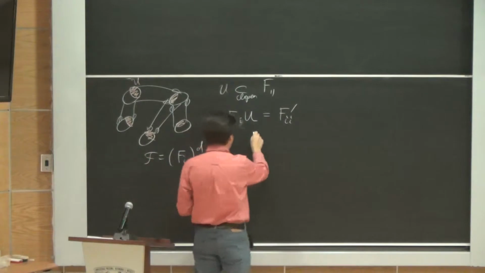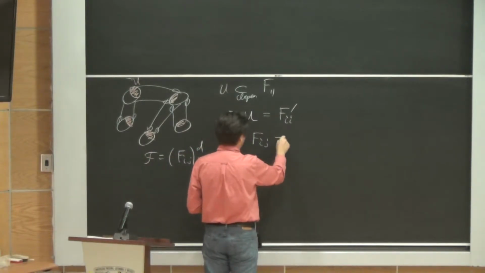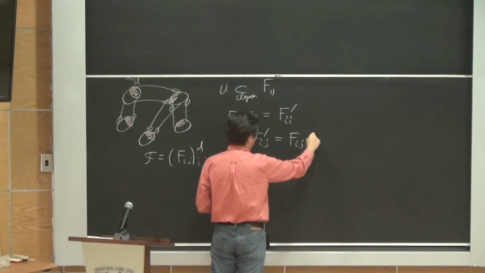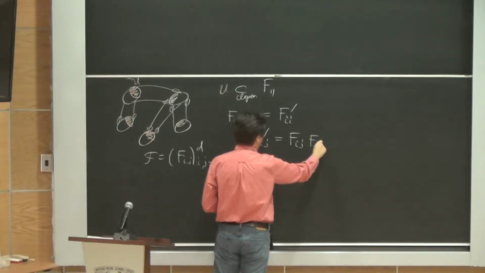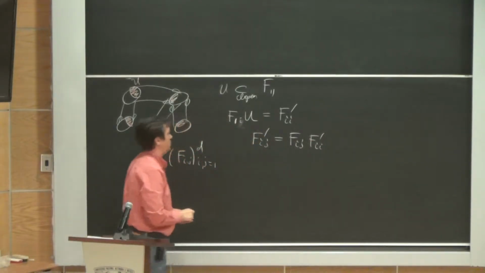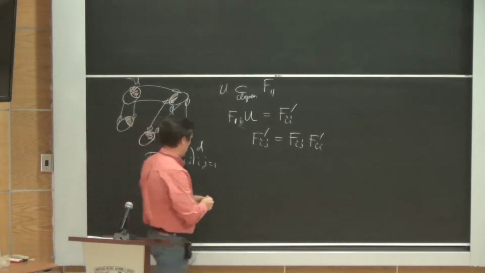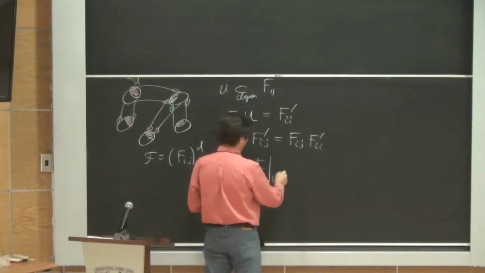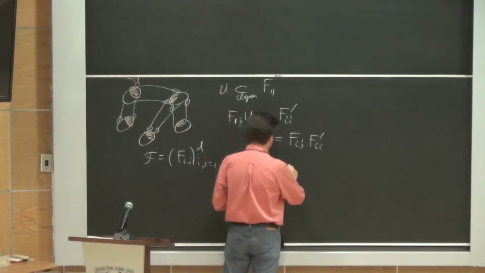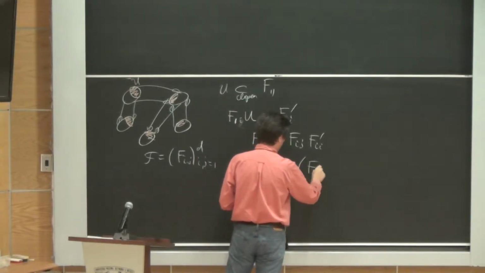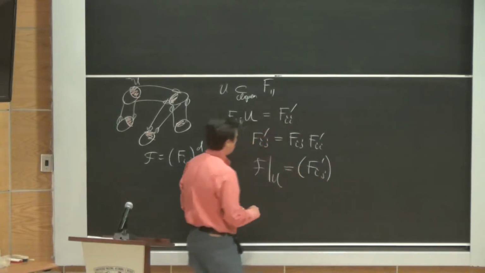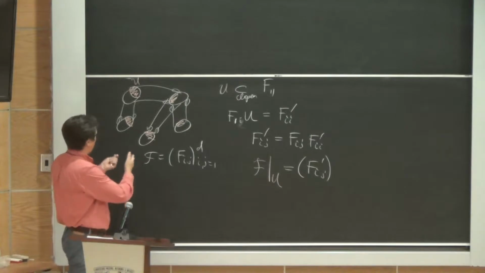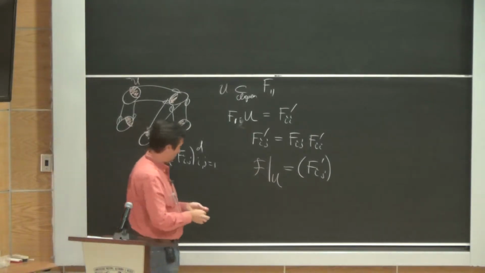And then F_ij is the restriction of F_ij to U_i prime. So that's a new multisection, let's call it F restricted to U. It's the multisection F_ij prime. So that's an initial definition of a restriction.